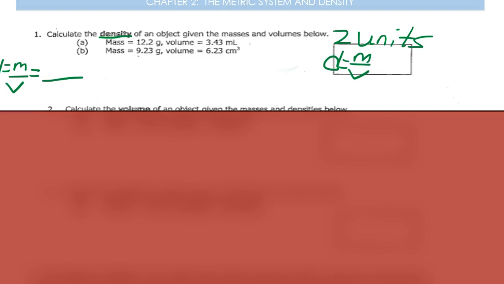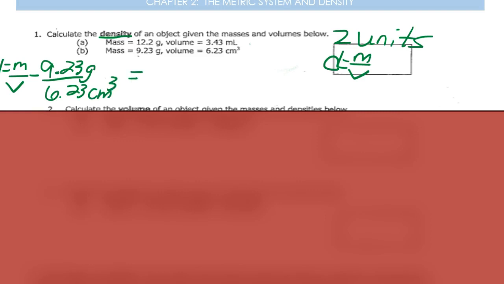We know that our formula is D equals M over V, so I'm going to plug in my first number, 9.23 grams divided by 6.23 centimeters cubed.